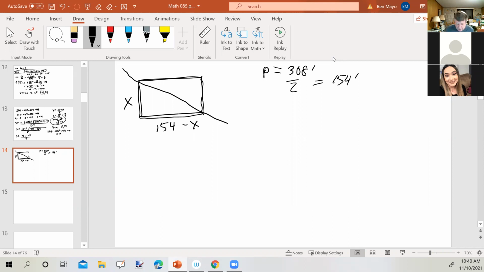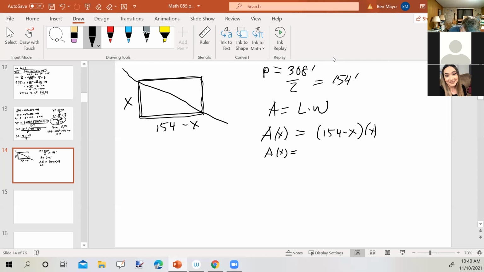Yeah. All right. So now area is length times width. Area, and I'm going to write it as a function, is going to be 154 minus X times X. Area is length times width. Still with me? Okay. So A of X is 154X minus X squared.